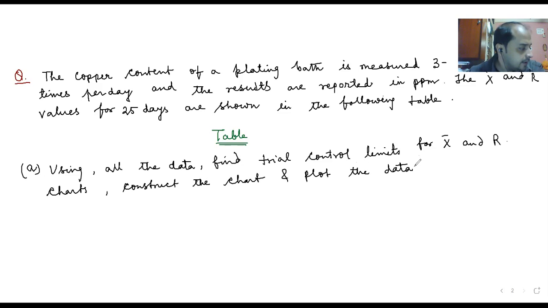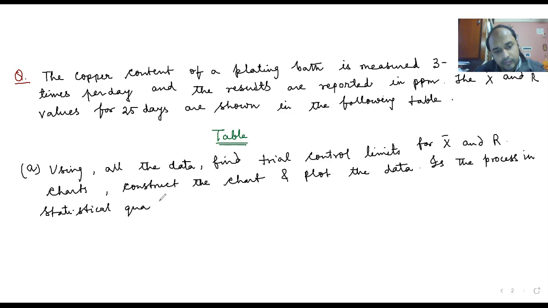Is the process in statistical quality control? Okay, this is the question.